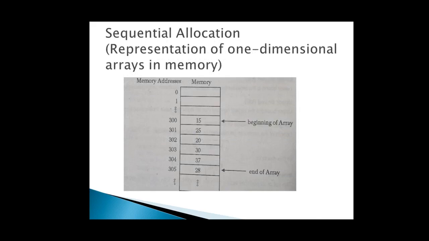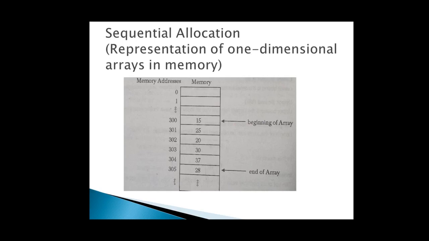Sequential allocation or representation of a one-dimensional array in memory. From this picture, we can understand the sequential allocation. As we know, memory addresses start from 0 and so on, but arrays can start from any memory address.